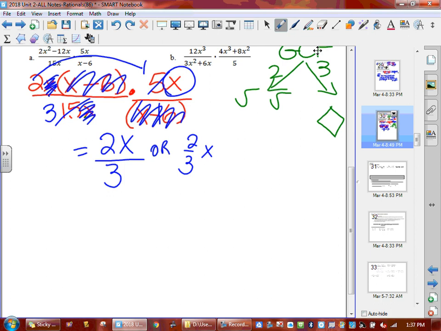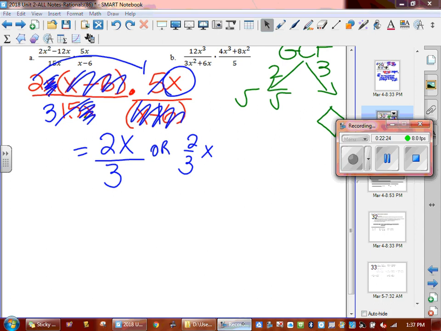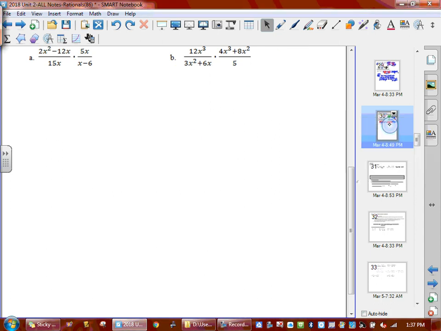Okay. We've only got a couple examples left. Here we go. Factoring first. Top left does not need factoring. So 12x exponent 3. The top right, what can I take out of the top right? 4x squared.